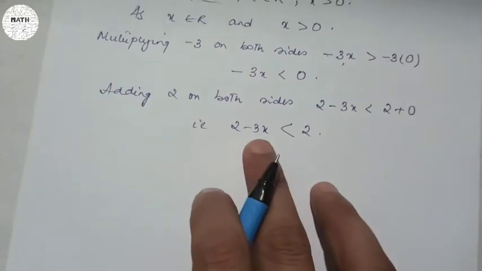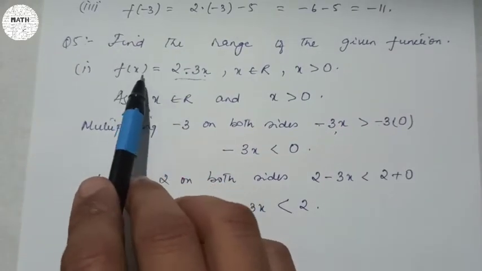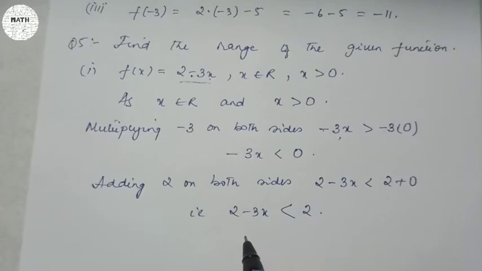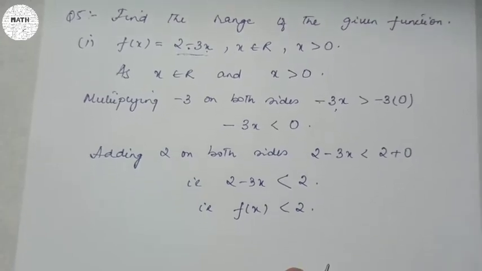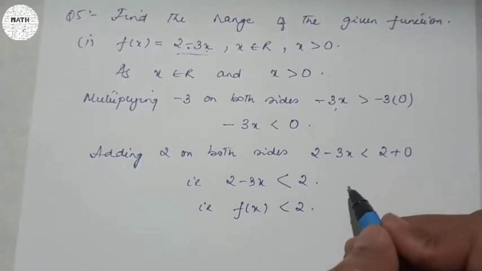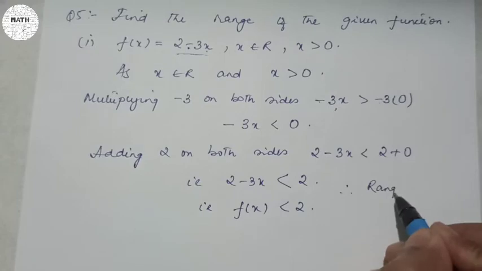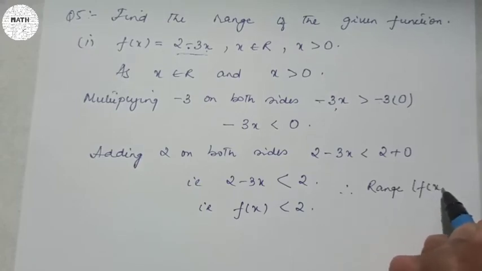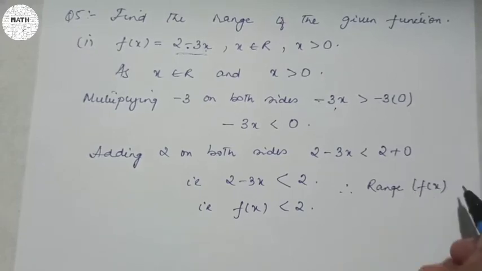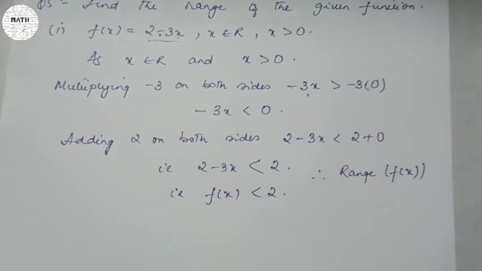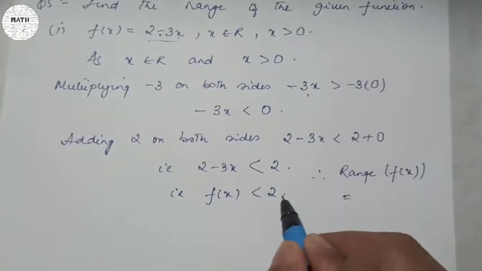So 2 minus 3x is nothing more than what? Your f of x. Yes or no? So I can say f of x less than 2. I hope you're clear. So therefore your range of f of x would be nothing more than less than 2.